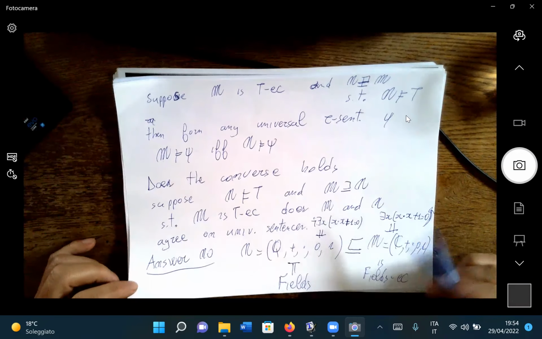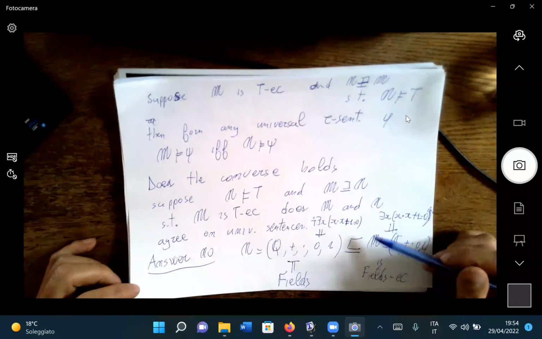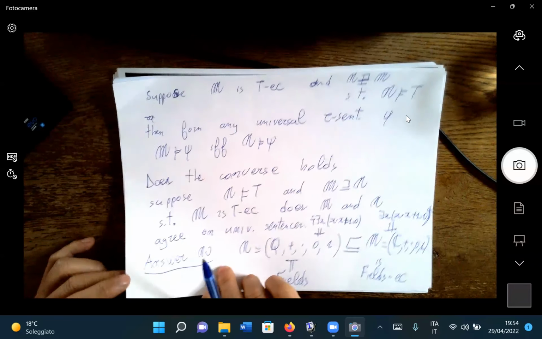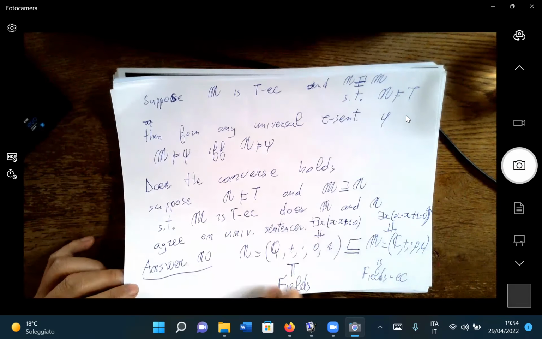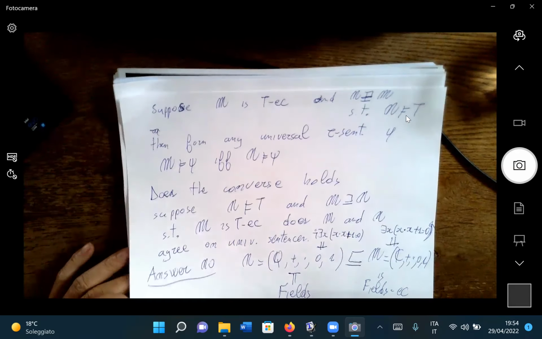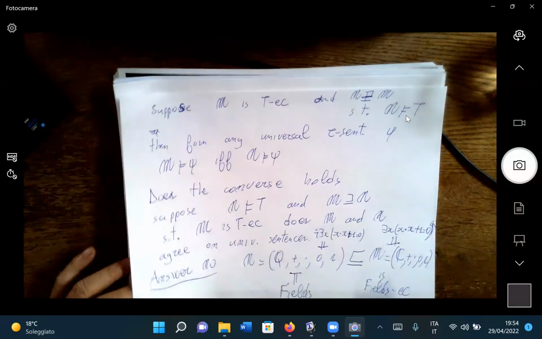So this is where I found a discrepancy between the standard presentation of model companionship, which I'm going to give right away, and the setup in set theory. There is this non-symmetry.